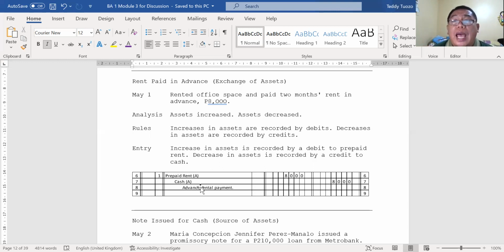Or, di ba I asked you to use pencil in the preparation of your answer, so that if you make a mistake, you can erase it, para dili obvious na nangopya ka. Pencil that you can easily erase.